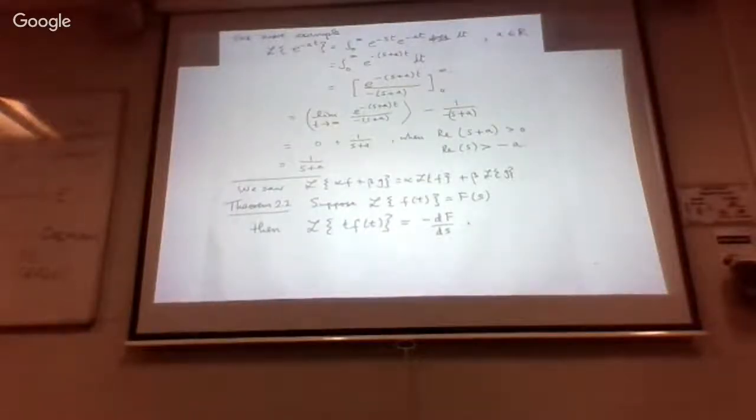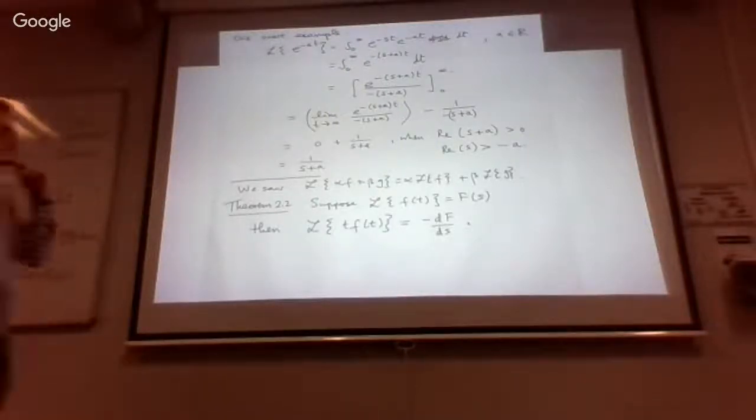Okay, this is a general pattern of behavior of the Laplace transform. And we'll be able to get a great application of it straight away. Remember, in a previous example, we've already proved that the Laplace transform of the function t was 1 over s squared.